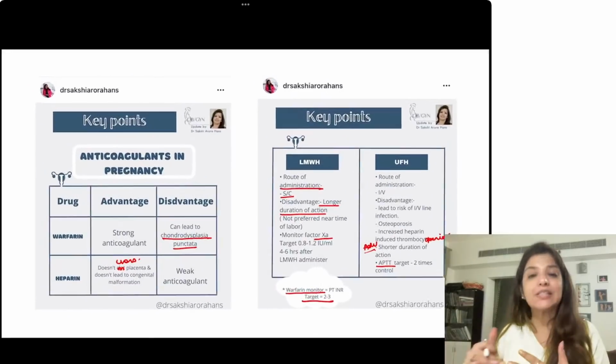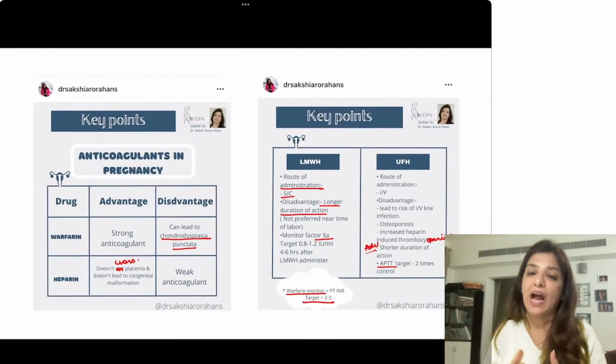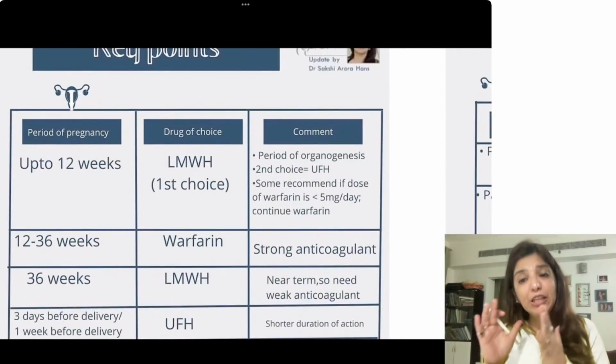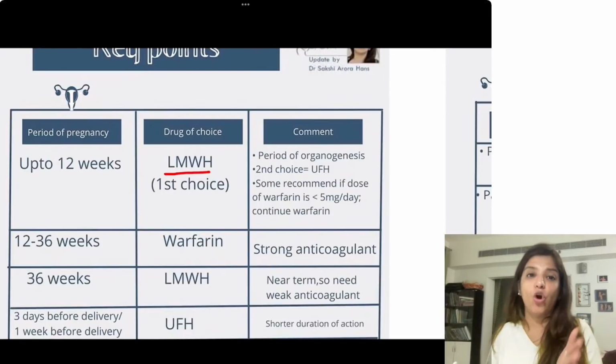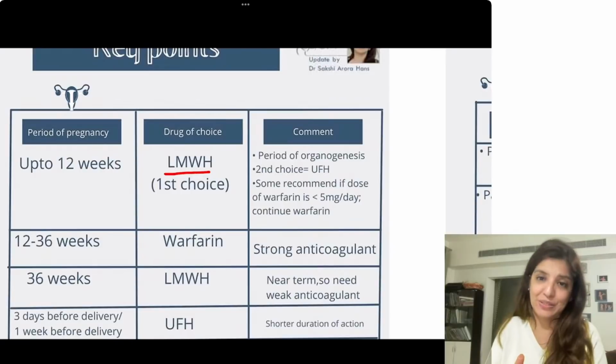Now, keeping these things in mind, at different periods of gestation, we use different anticoagulants in pregnancy. So, up till 12 weeks, in the first trimester, when there is a mechanical valve replacement, the first choice drug which I'm going to use will be low molecular weight heparin. Why? Because it cannot cross the placenta, and this is the period of organogenesis, right?